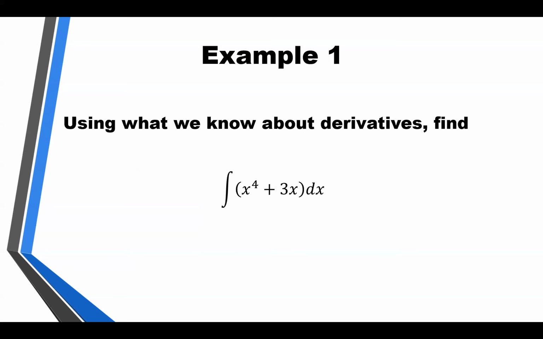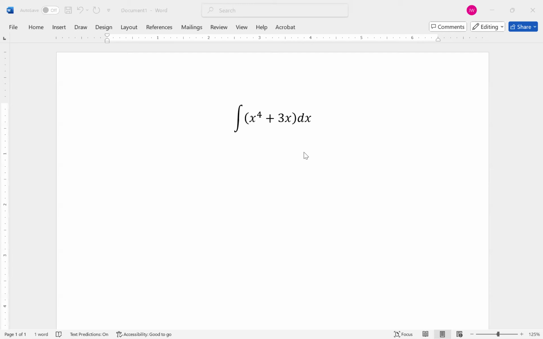So again, hopefully this section is review. And so we're going to use what we know about derivatives to find the indefinite integral of x to the fourth plus 3x with respect to x. If I want to find the antiderivative for this, I can think about what sort of term, when I take the derivative, will give me x to the fourth.